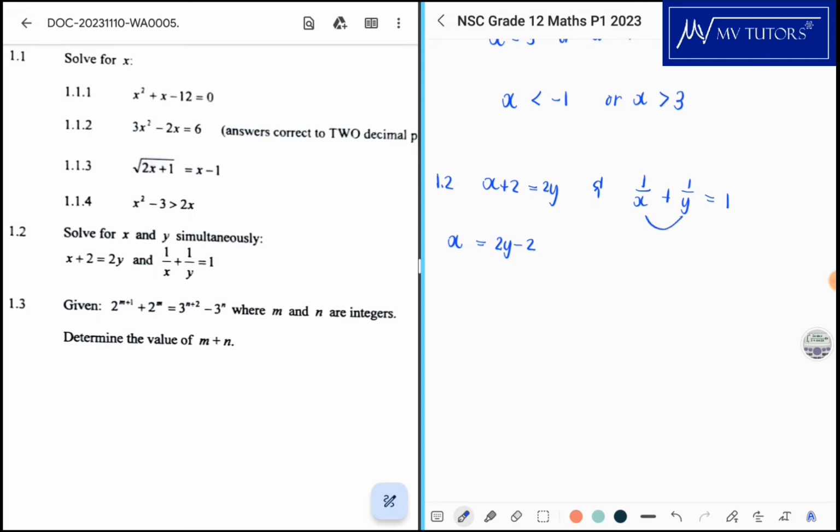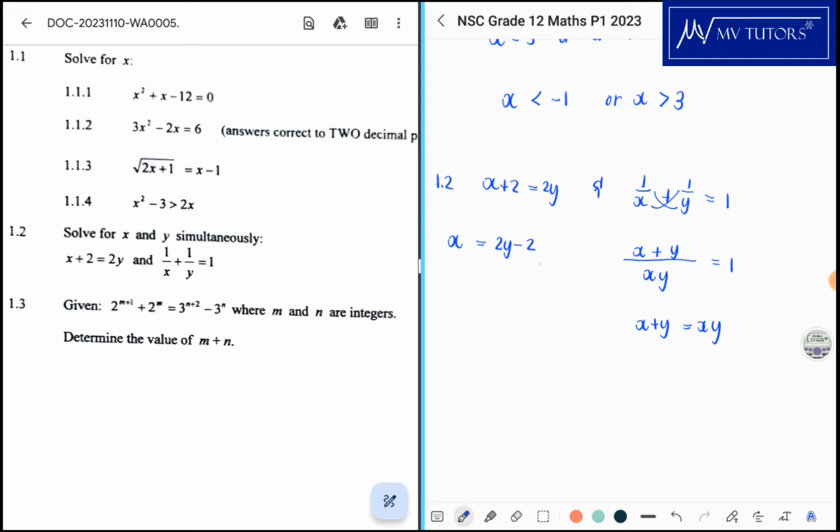So we multiply the denominators, and then afterwards we cross multiply. So x times 1 would be x, plus y times 1, that would be y, and that is equal to 1. So now I can say x plus y is equal to xy. Now I'm more confident. I can work with what I have from here on.